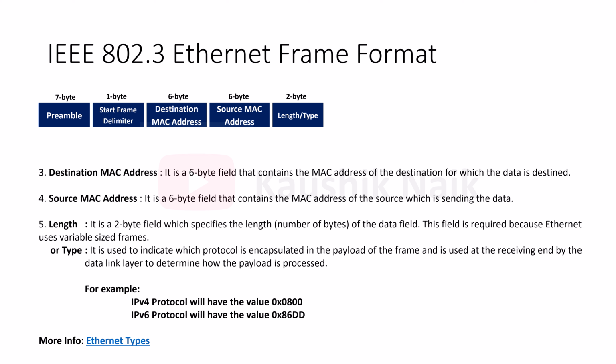For example, if it is an IPv4 protocol, then this field will contain the value 0x0800. There are a lot of such types of Ethernet frames available. To know more about it, you can find the link which is given in the description below. These three fields are called the Ethernet header, which is of 14 bytes.